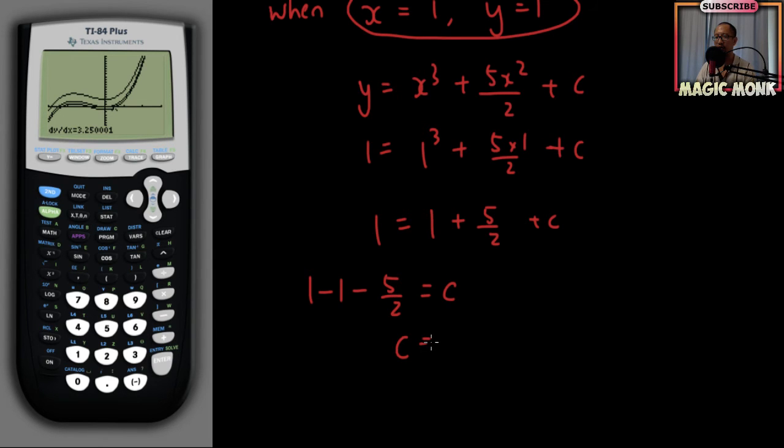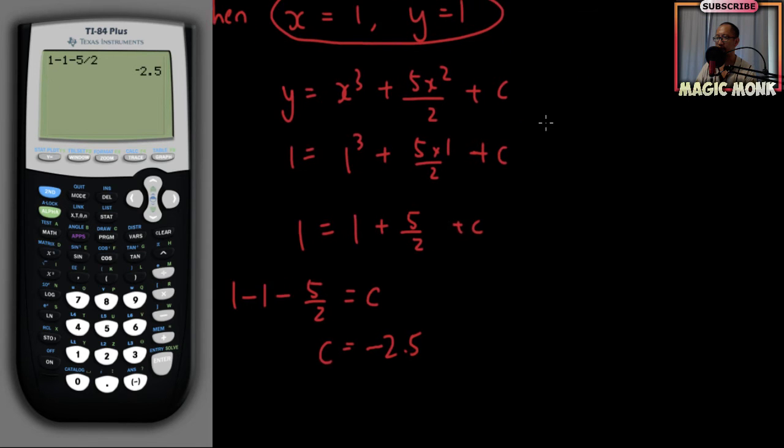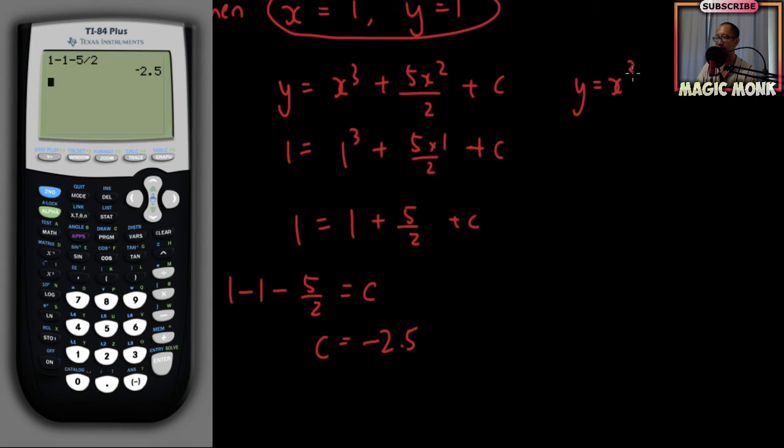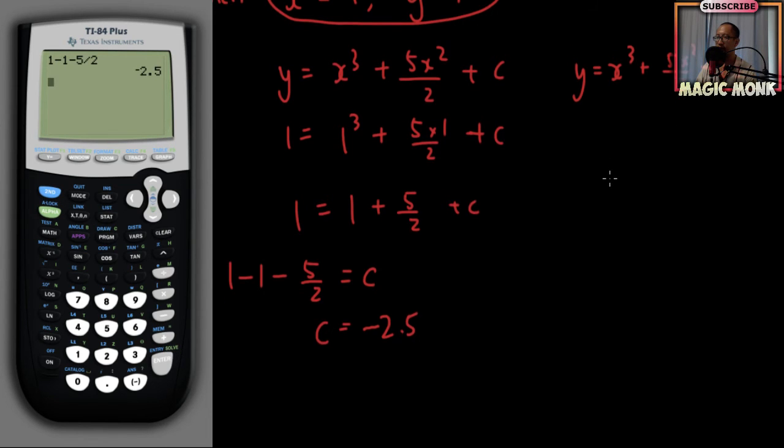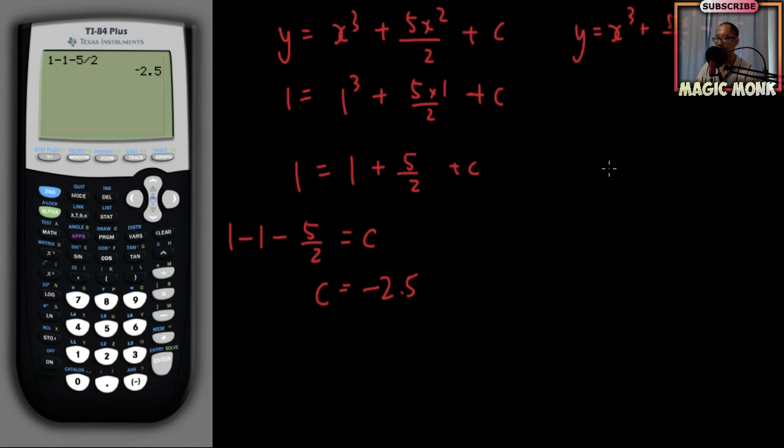Let's put that in the calculator: 1 minus 5 over 2, and the answer is negative 2.5. And now we can find out that this line is y equals x cubed plus 5x squared over 2 plus negative 2.5, and this is the exact line. Okay, so that's indefinite integral.